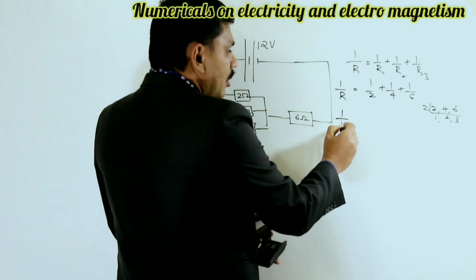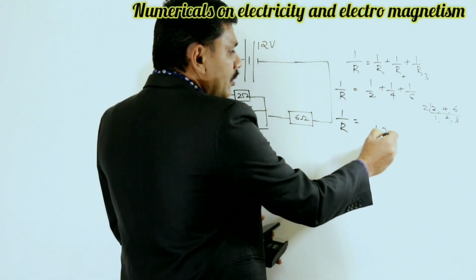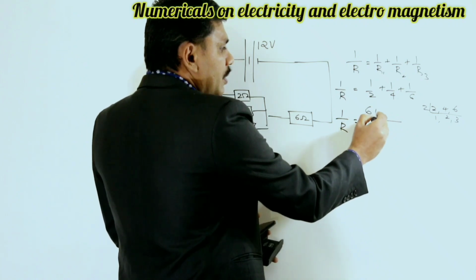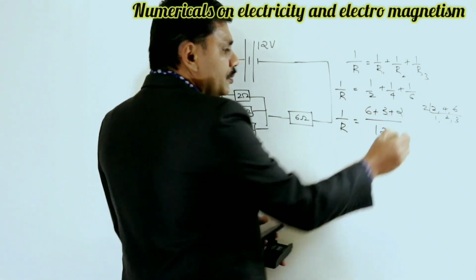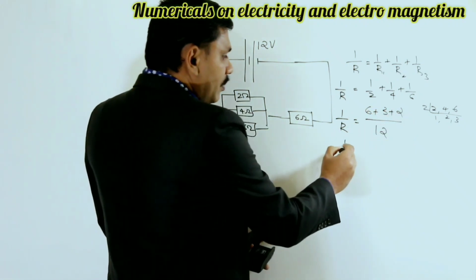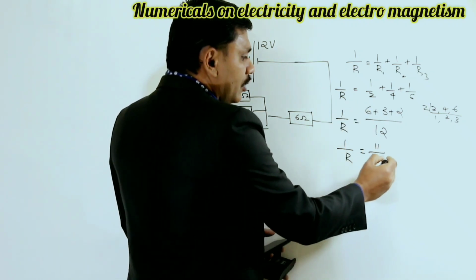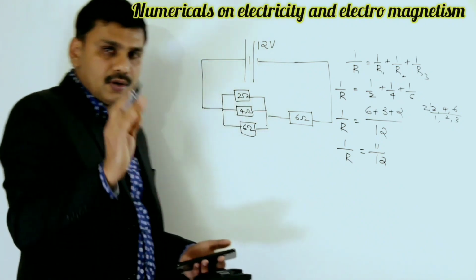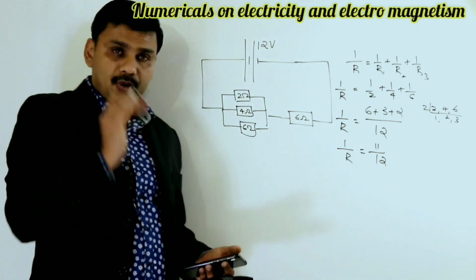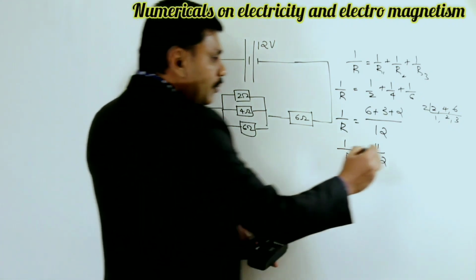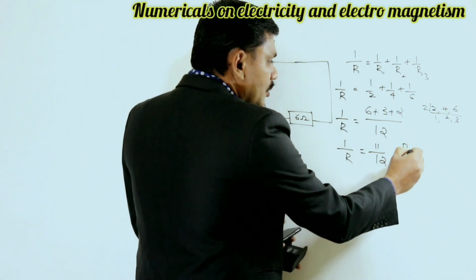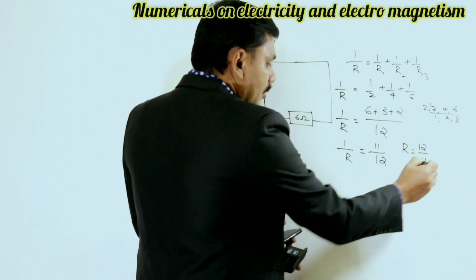So 1 by R equal to, LCM is 12, 6 plus 3 plus 2. That is 1 by R equal to 11 by 12. So don't forget to take the reciprocal. So here R will be 12 by 11.